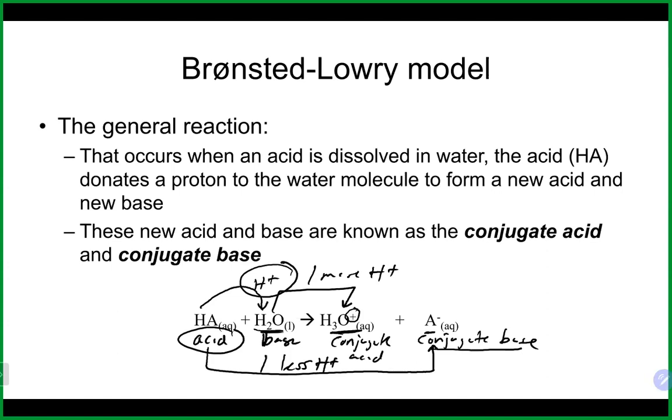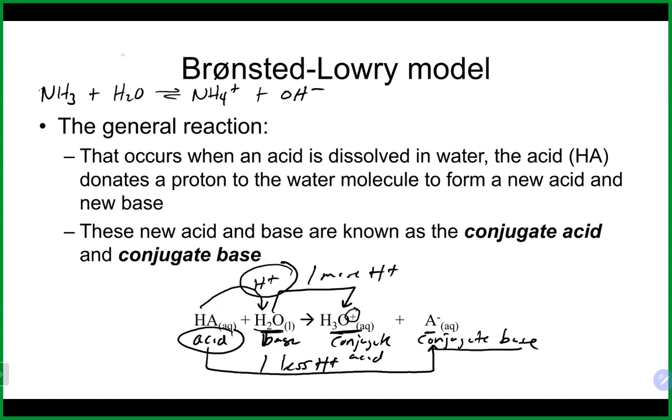So for example, if you took something like NH3 here and you reacted it with some water and you make a little NH4 plus and OH minus in this case. All right, which one donated the H plus? On the left-hand side, which one gave away the H plus, if you had to guess?